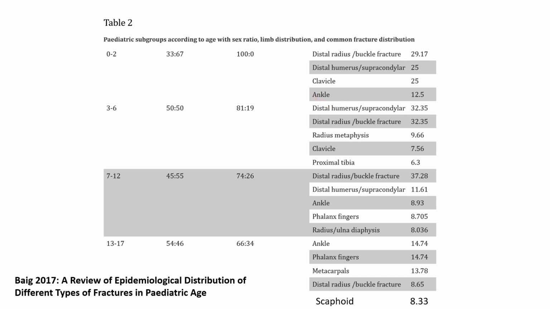but then as you grow older, in this study, ankle fractures become more common. Metacarpal fractures, maybe from hitting, become more common. So it seems like the injury patterns are different depending on the age, right? I guess that's the take home here.